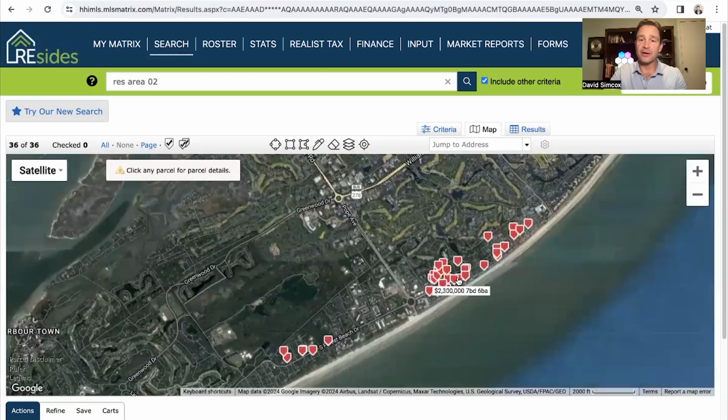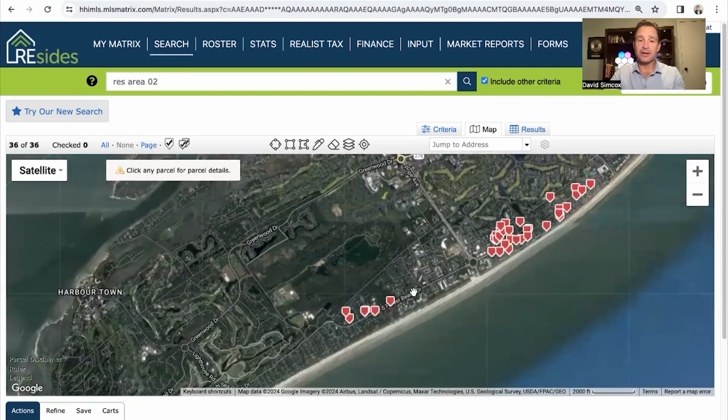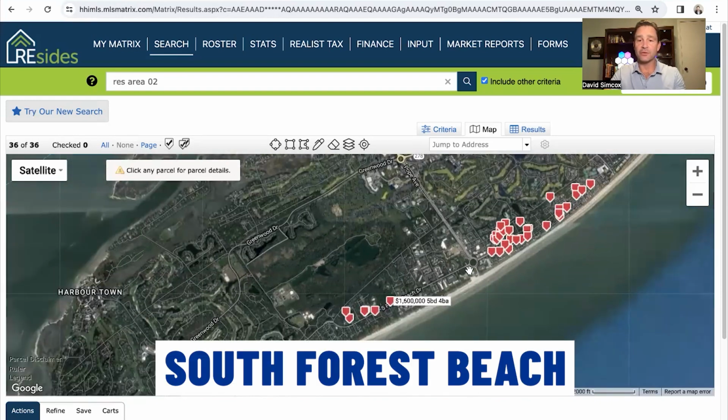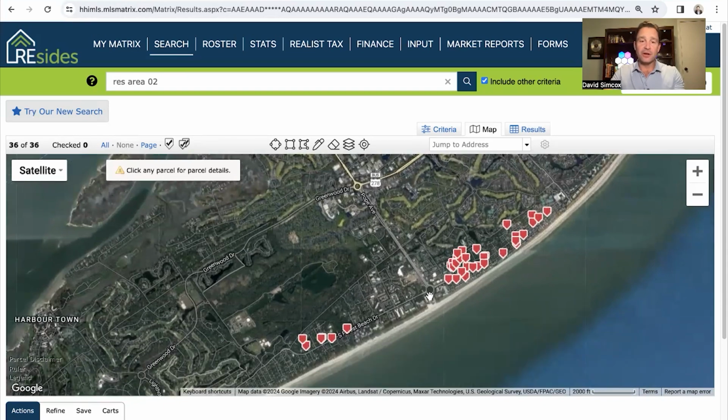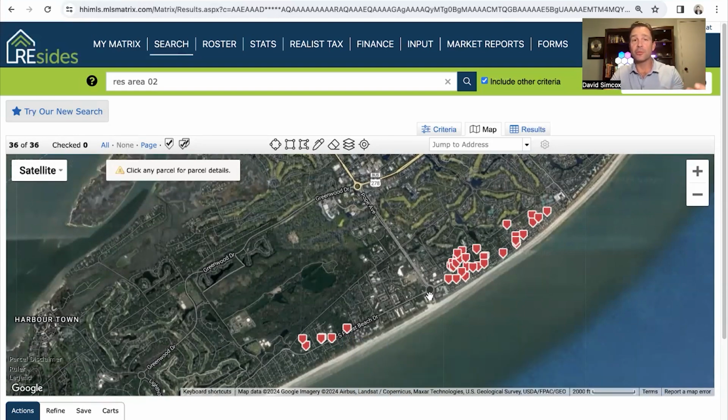You've got this area up here, which is called North Forest Beach, and you've got this area right down here, which is called South Forest Beach. And a lot of these, I would say probably most of these are short-term rentals. So they're houses that people have been using for things like Airbnb and VRBO, or using one of the local management companies. Some people are using them as their main residence, but a lot of people also keep it and just rent it out to generate some cash flow off of that.